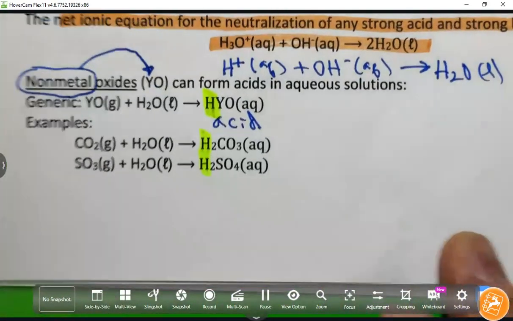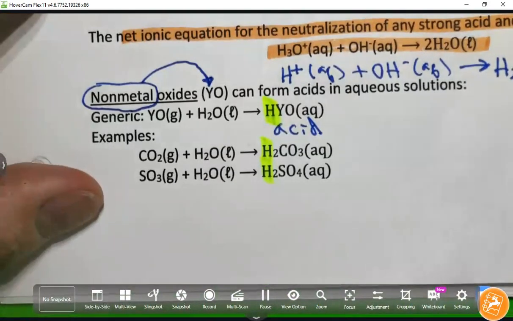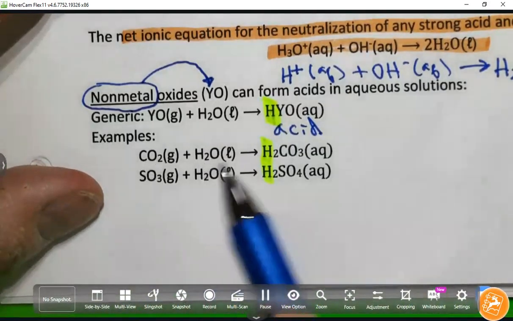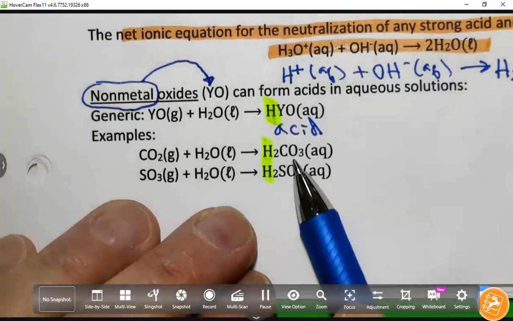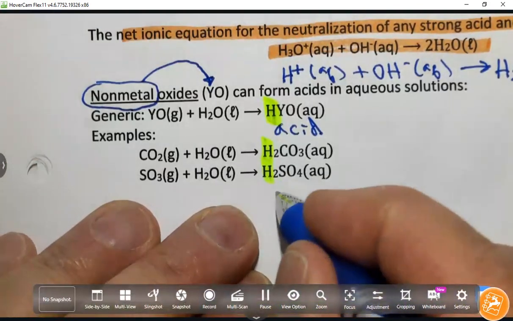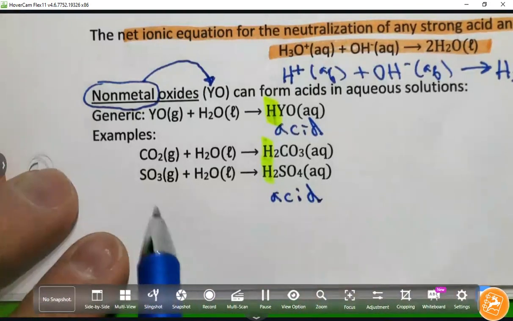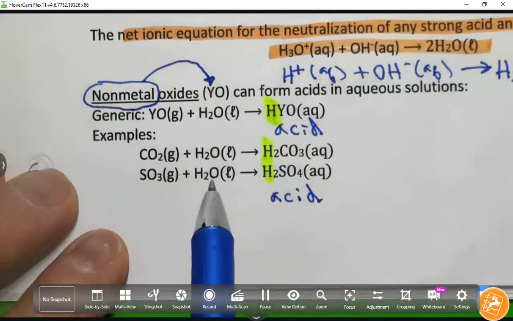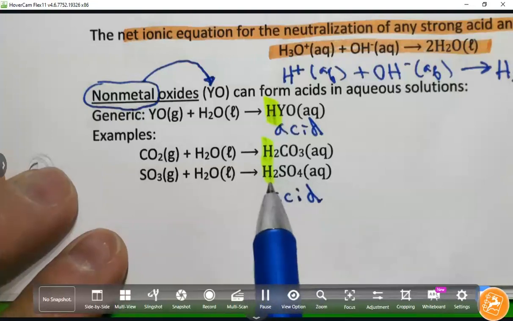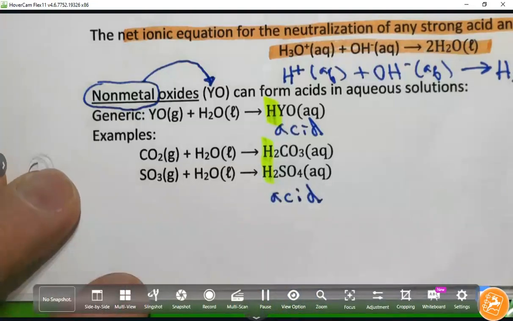So here are some examples. Carbon dioxide plus water, we make an acid, right? Sulfur trioxide plus water, we make sulfuric acid; here's carbonic acid.